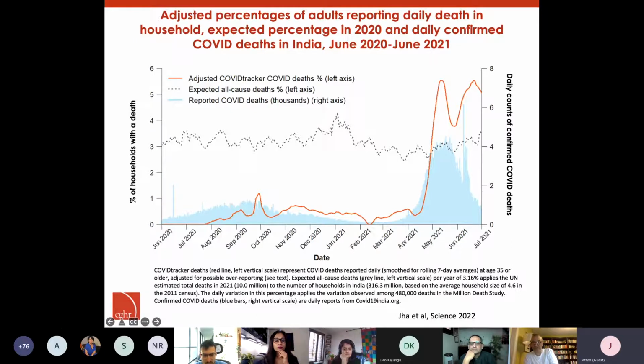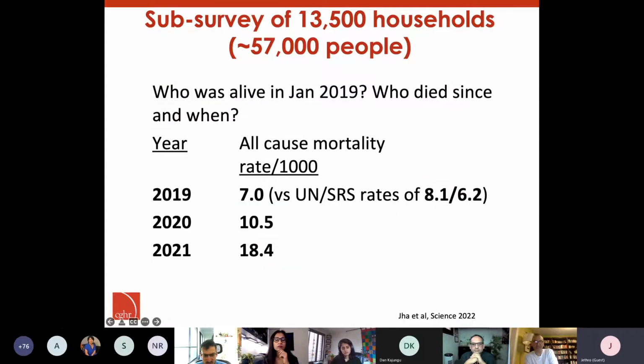But then you see this extraordinary increase, such that for much of May and June, going into July, the percentage of houses that reported a COVID death was greater than the expected all-cause mortality. If you take the average of this time period, it was significantly greater than what we expect for all-cause mortality.